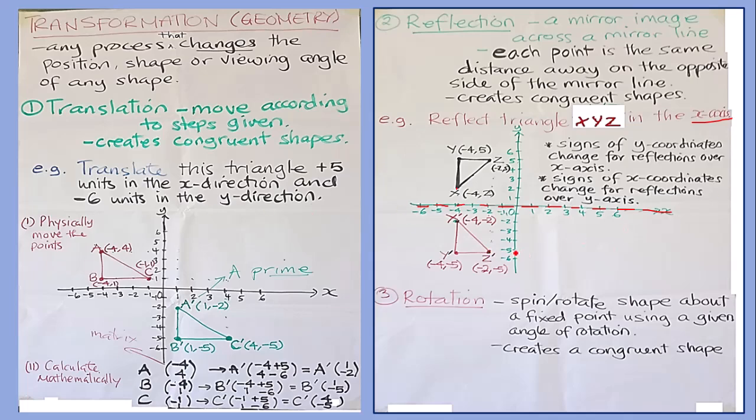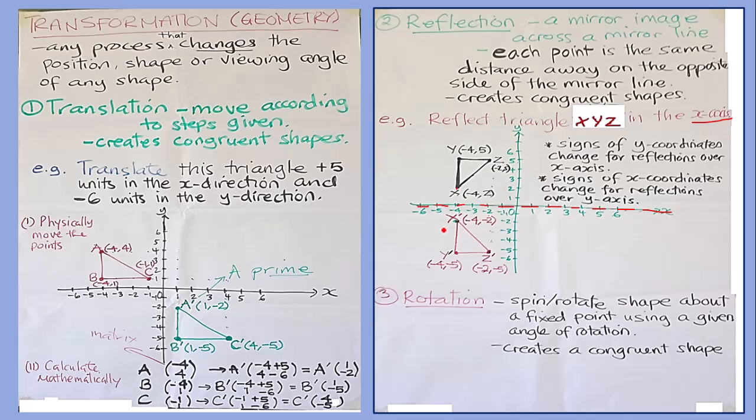Then we connect these 3 points, and here we are. This is the mirror image of triangle XYZ, and we call it triangle X'Y'Z'.